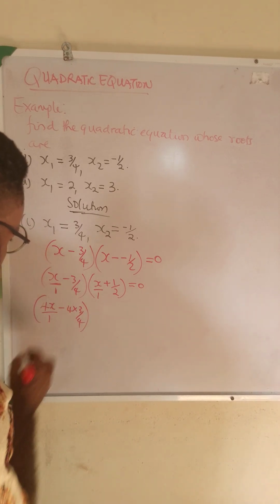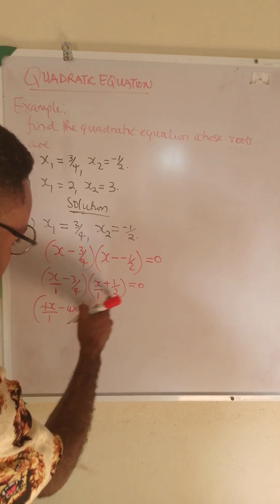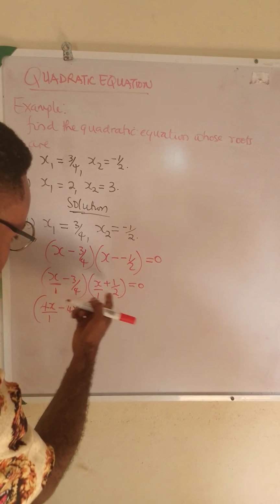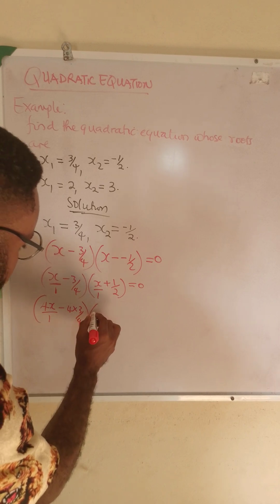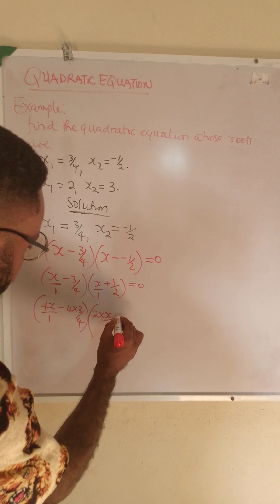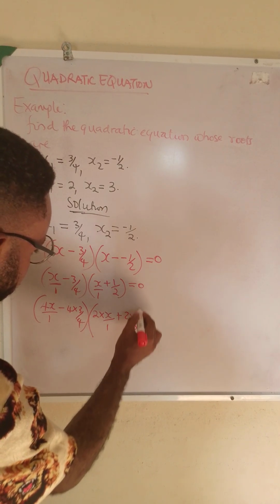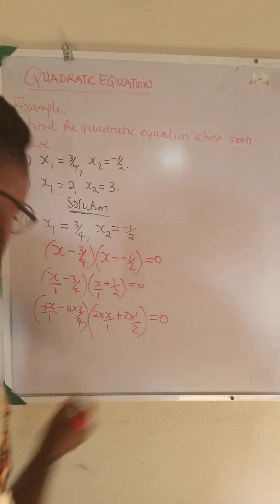We put it in bracket. Into this one, because the LCM is 2, we are going to multiply through by 2. So this will be 2 times x over 1 plus 2 times 1 over 2. So this will be equal to 0.